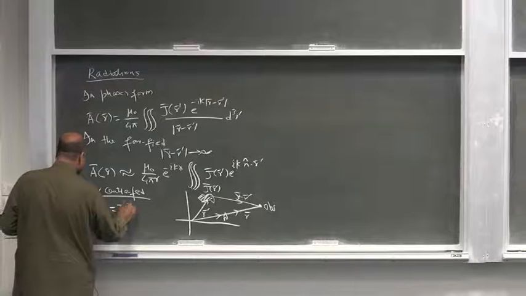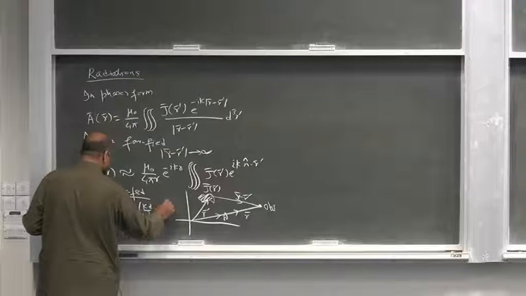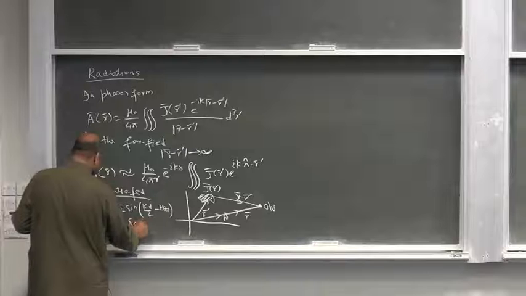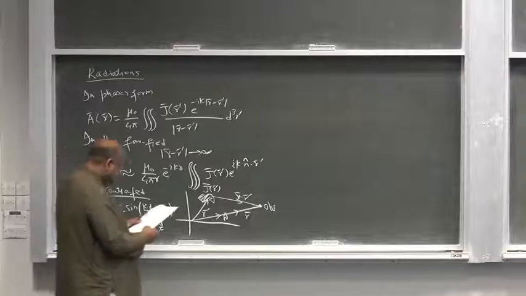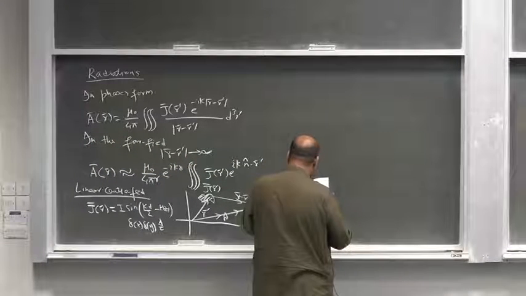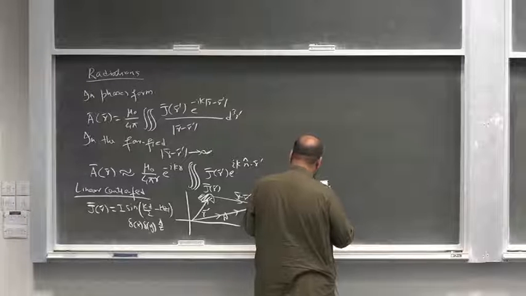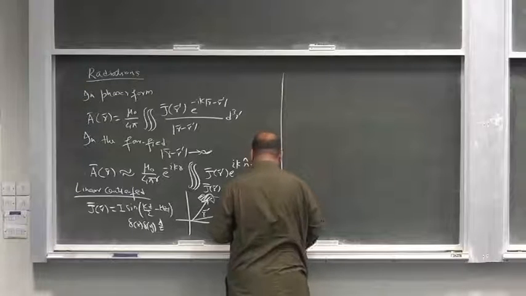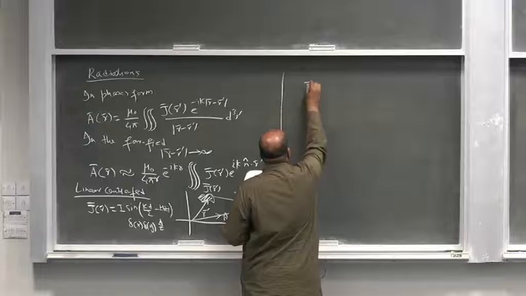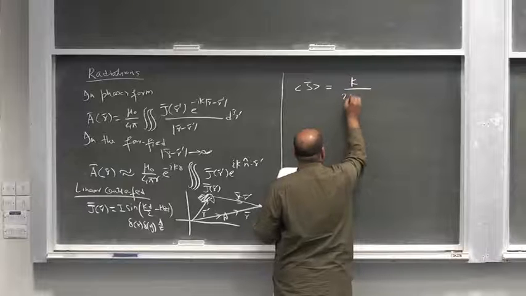The current distribution like this, oriented along z-axis, and we found the potential A of R, and then we found that the time average Poynting vector can be written like this.